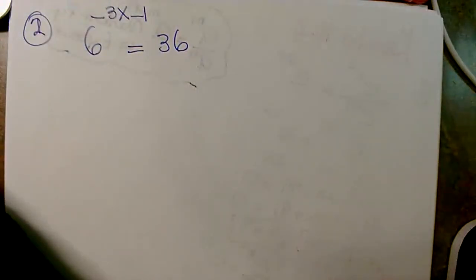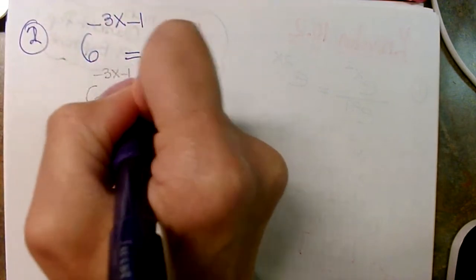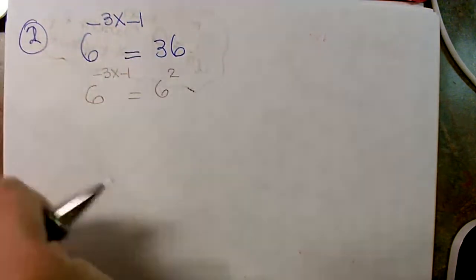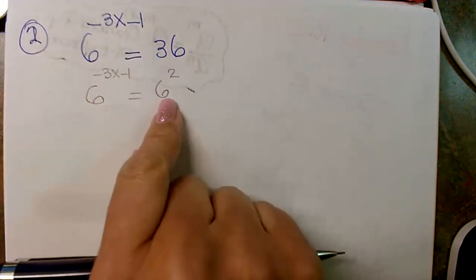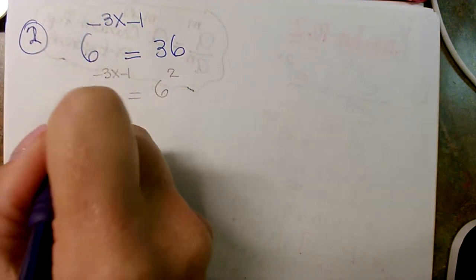Okay. So let's get the same base, right? 6. So it's just this one. 6 times 6, 36. Same base. We're going to apply the equality property.